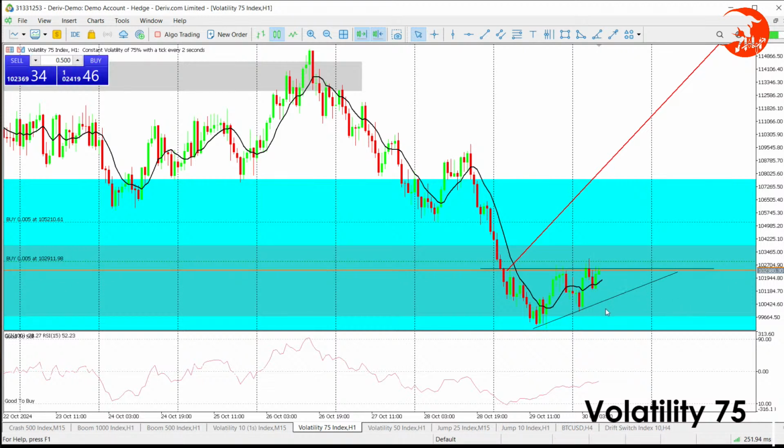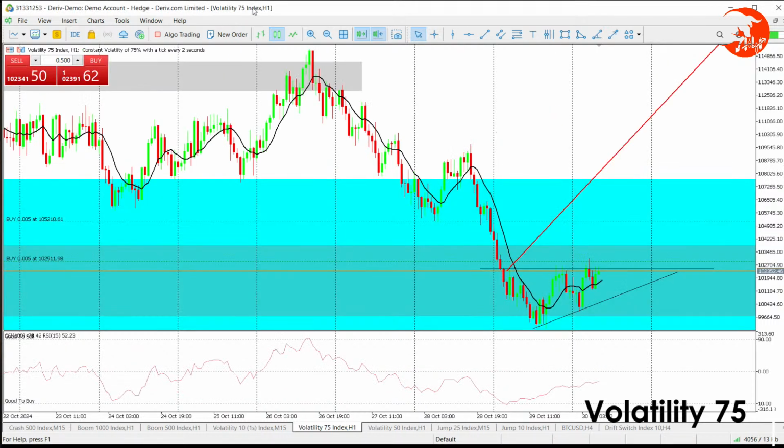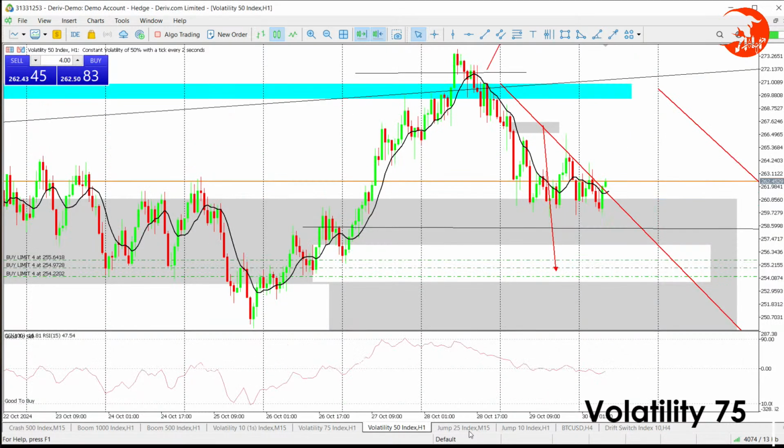So until price comes down below here, I have no entry. Until price breaks out and retests on that trend line, I have no entry. So it's a no-go for now until I see a clear move that I can actually take advantage of. All right, so that is V75.